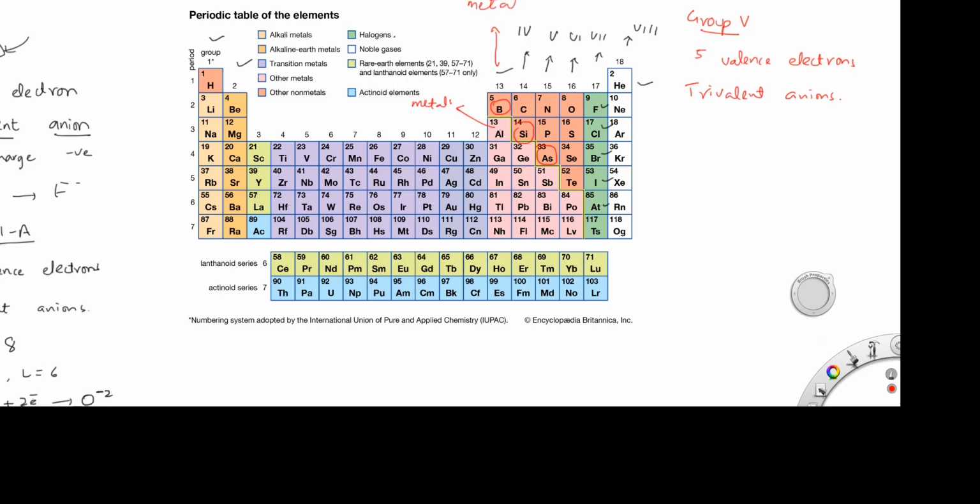Now what are metalloids? Metalloids are elements that share the properties of both metals and non-metals. And then the remaining elements, these are non-metals.